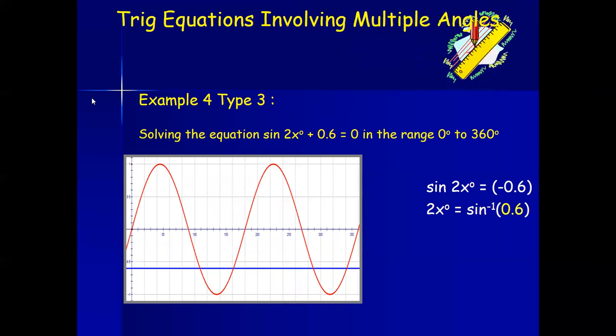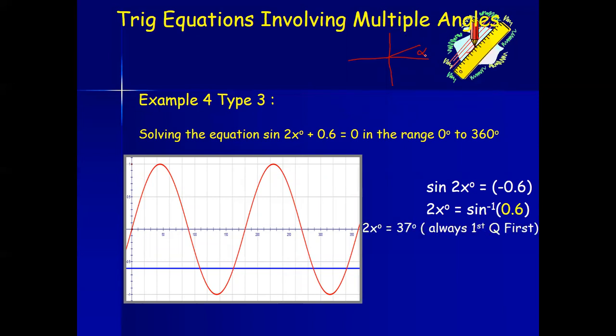So you would say 2x is inverse sine of 0.6, as if we were looking for the positive value of CAST. Remember the positive angle here that I keep calling alpha. So it's what we call the related angle to that first quadrant.